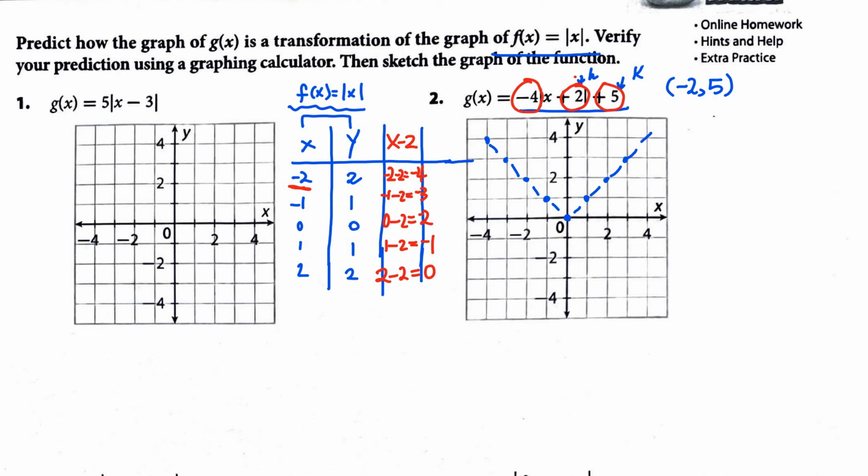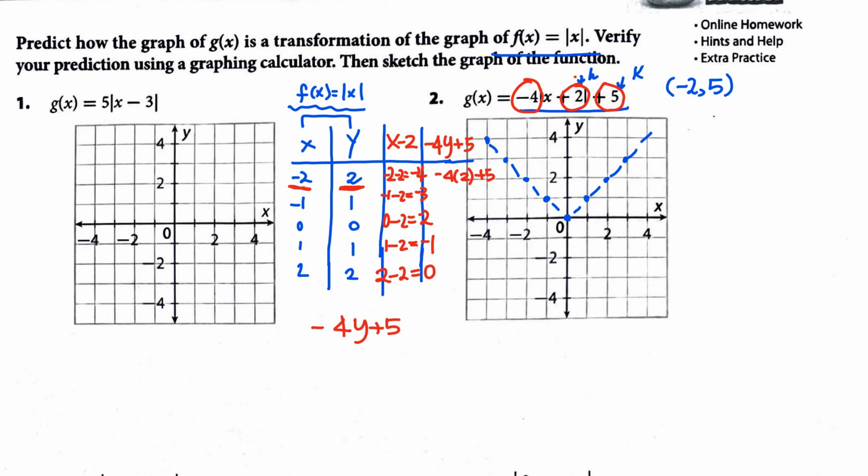Then let's look at this one. This is a vertical transformation, which means y becomes -4 times y plus 5, right? So we're going to use the y values from the parent function.